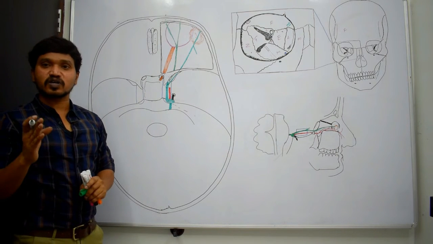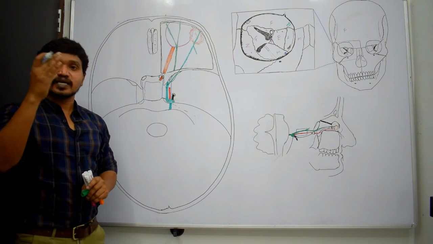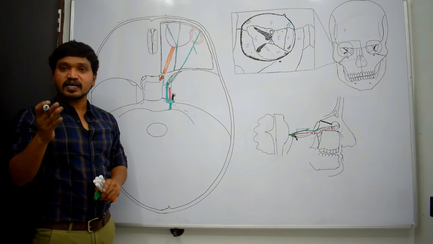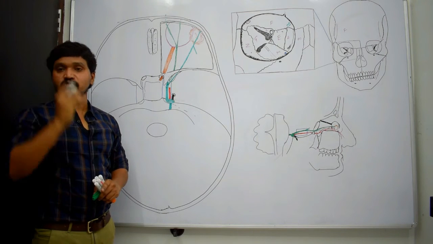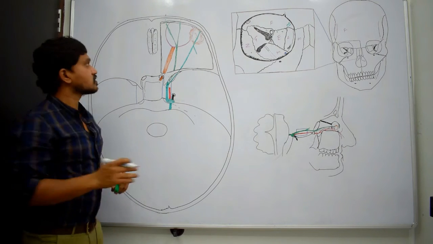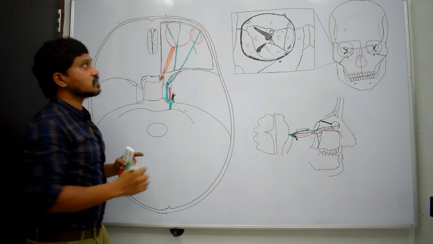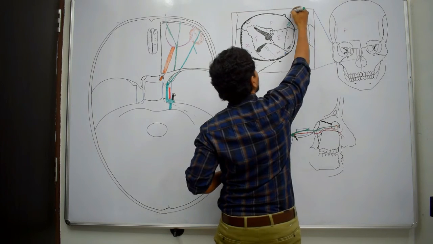Very simple. Supratrochlear nerve. Supra means above. Above the trochlea it is passing and emerges out from the orbit and appears on the face. There it will supply the conjunctiva, upper eyelid and small part of the forehead above the root of the nose. So that is about the supratrochlear nerve, coming out like this, right? So this is the supratrochlear nerve.